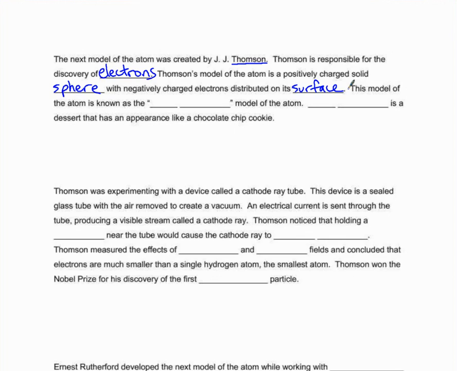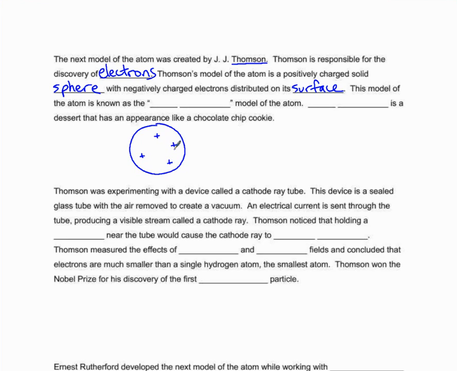So for a picture of this, here's our solid sphere, and this sphere has a positive charge.